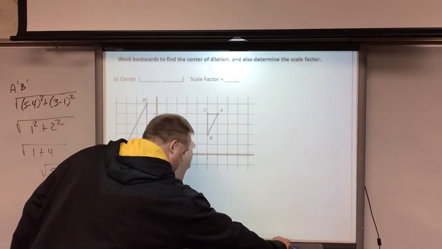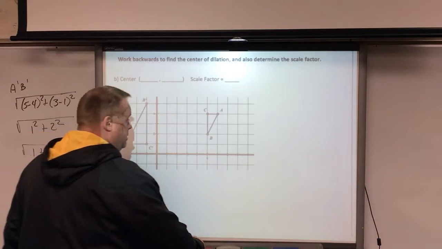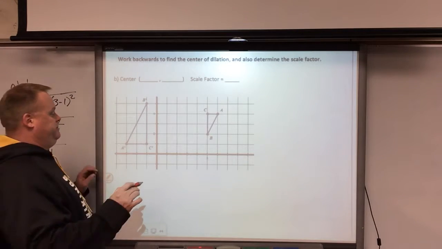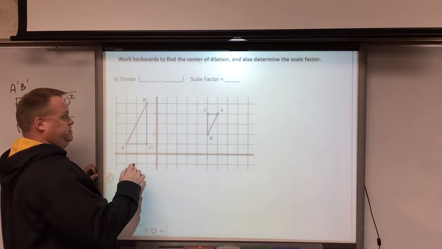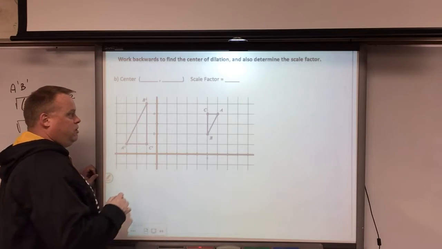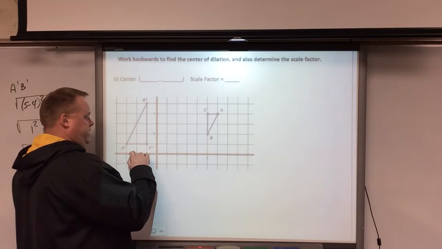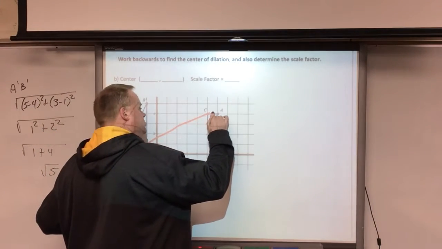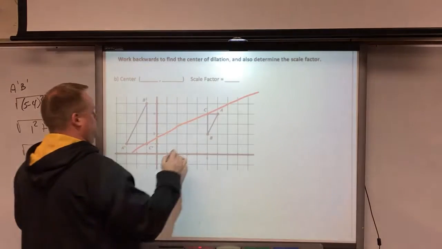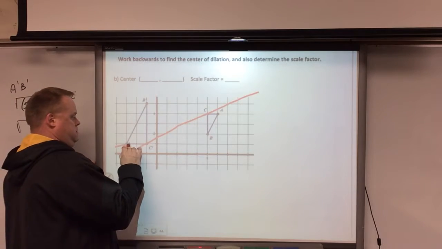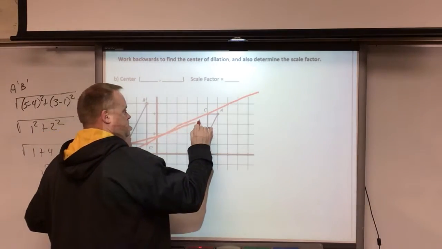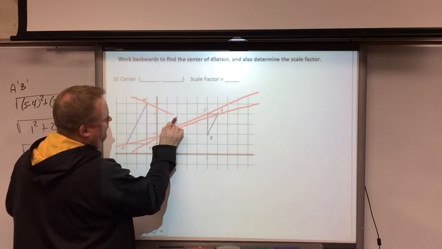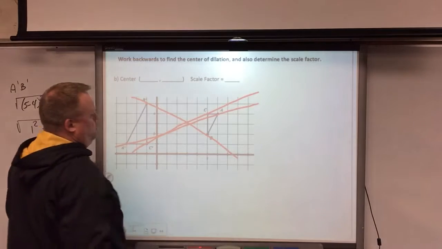All right. First step. Connect all of the prime to the pre-images. Prime to pre-images. So as I draw this, trying to freehand this, hopefully I do a good job. Good.